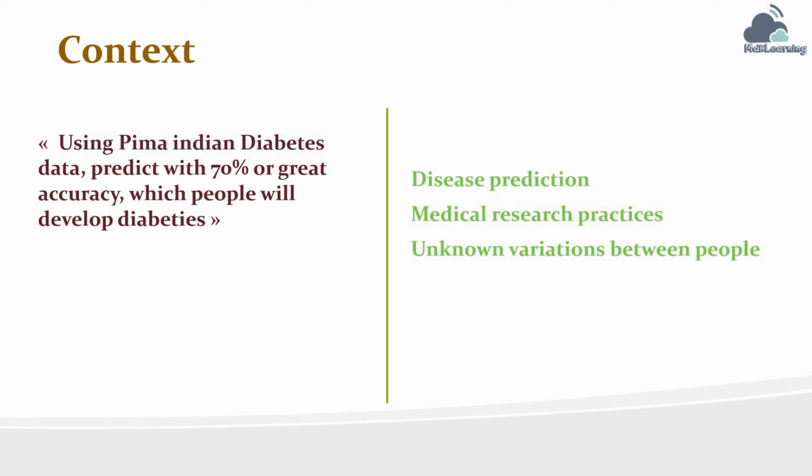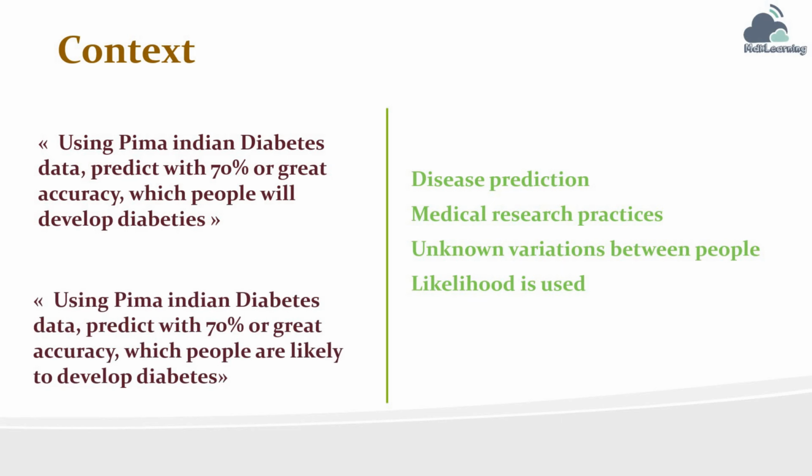As we discussed earlier, even identical twins with the exact same DNA show variance. So in medical research, what is predicted is the likelihood of developing a disease. Let's incorporate this likelihood estimate into the statement. The statement is now, using Pima Indian data, predict with 70% or greater accuracy which people are likely to develop diabetes.